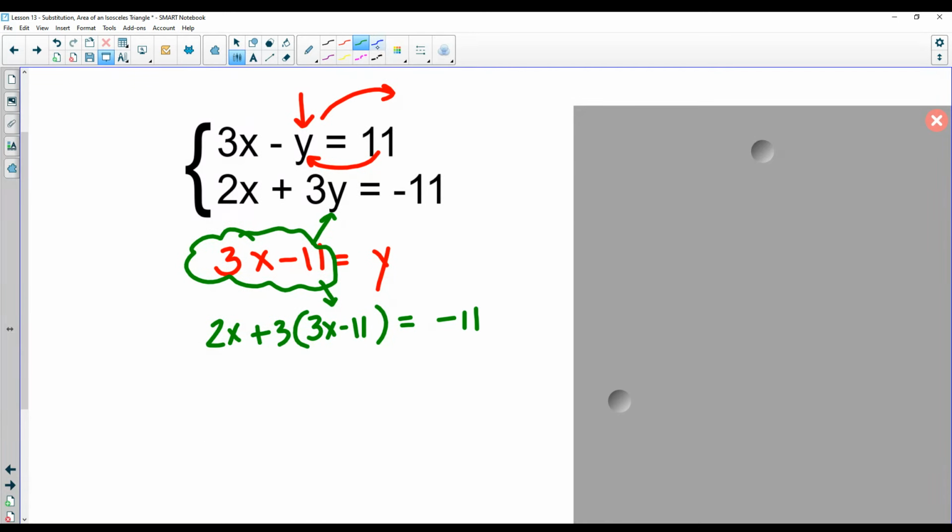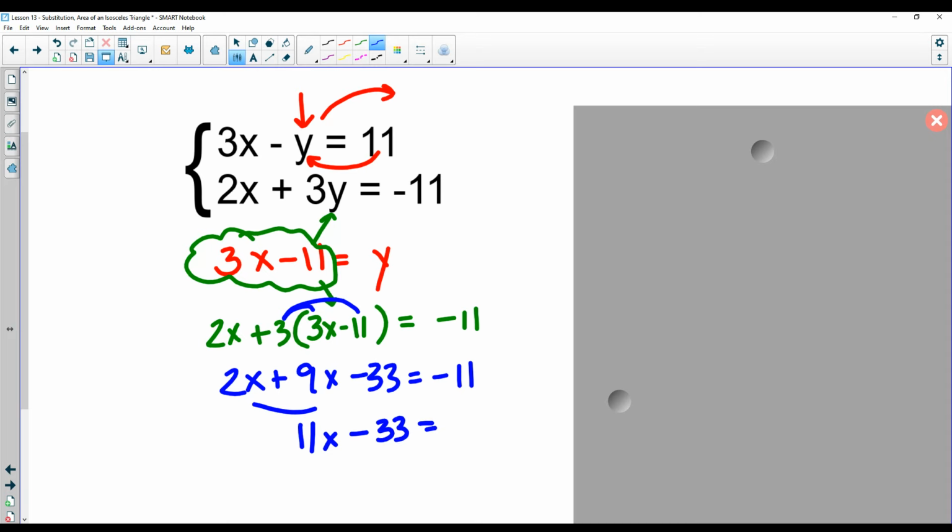All right, let's simplify this up. Distribute the 3 into the parentheses. 2x plus 9x minus 33 equals negative 11. All right, on the left side, we need to combine up our x's for 11x before we start moving terms to the other side.